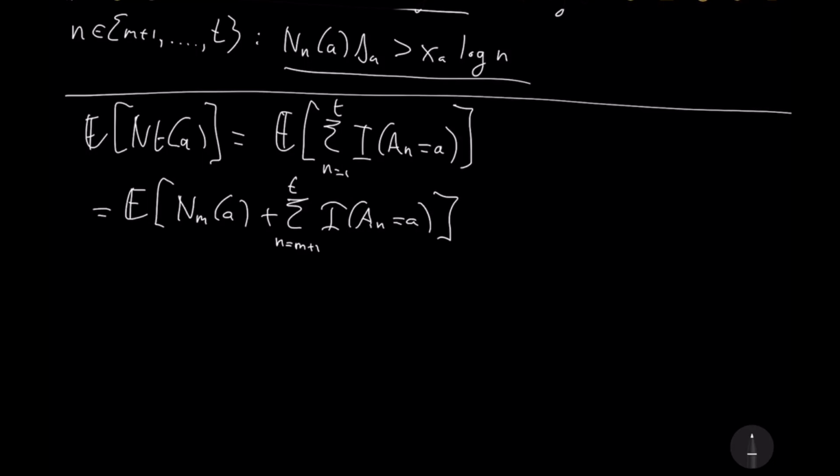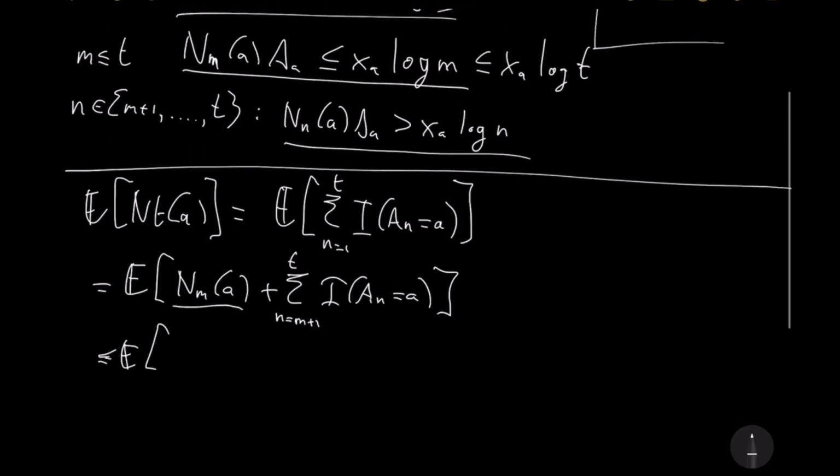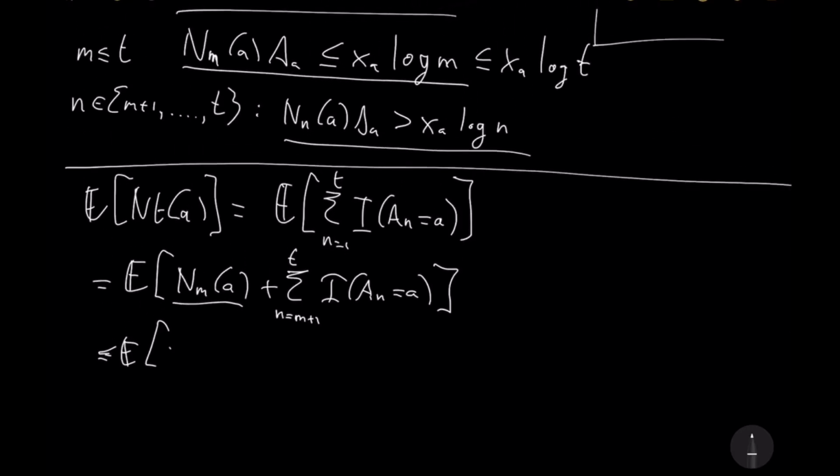And we know that this, by definition of what m is going to be, is smaller or equal to xa times the logarithm of t divided by delta a.